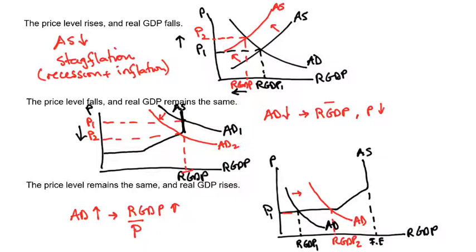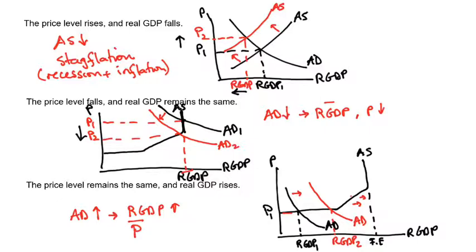But as we get closer and closer to full employment, what happens? The prices are starting to increase, and it's because the resources are becoming more scarce, and more employment of resources is causing the prices of these resources to go up, leading to price increases.